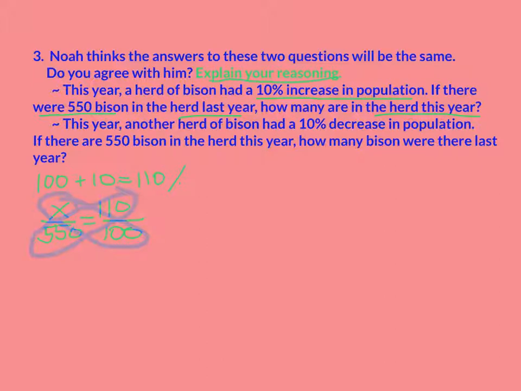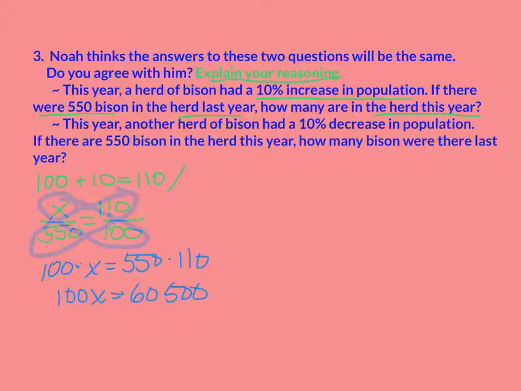And that's going to give me 100 times X equals 550 times 110. 100 times X is 100X. And that is equal to 60,500.